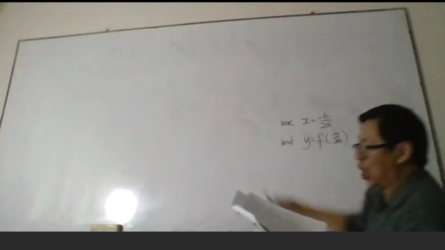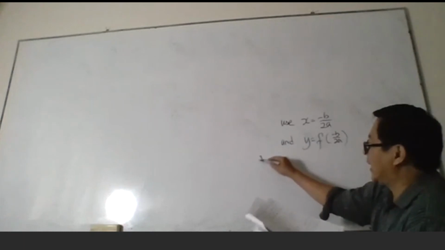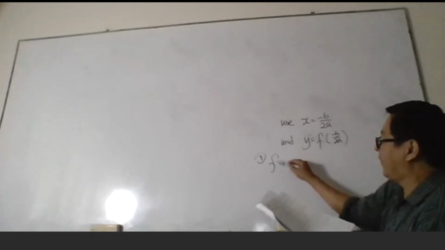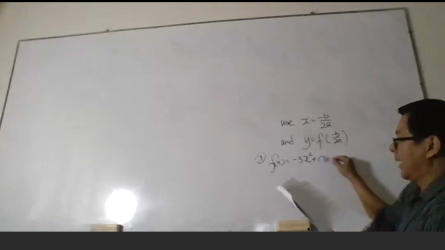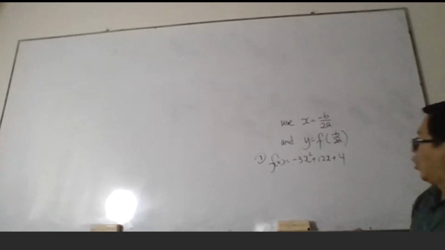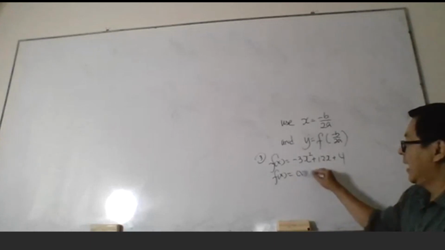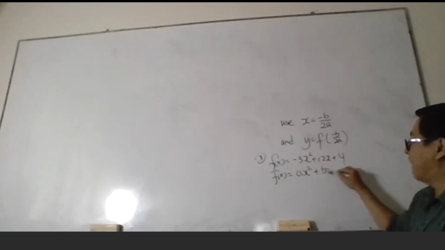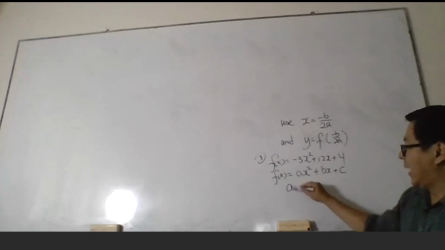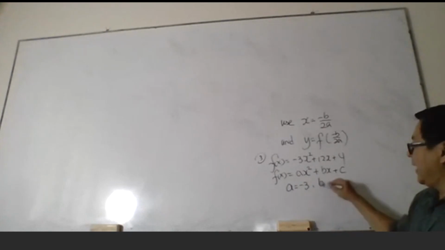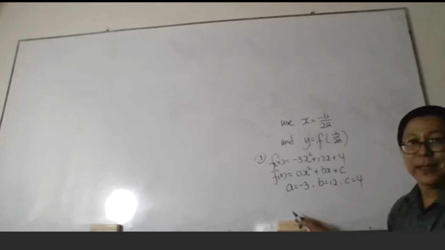Please have a look at your question number 3. Here it says f(x) equal to -3x squared plus 12x plus 4. We know the general form is ax squared plus bx plus c, and I can determine the value of a, b, and even c.